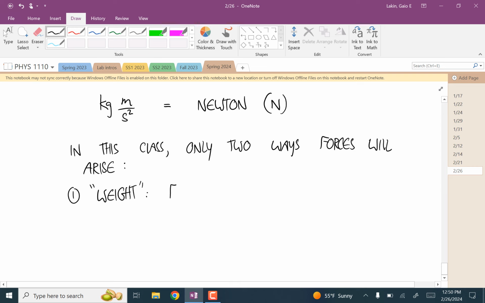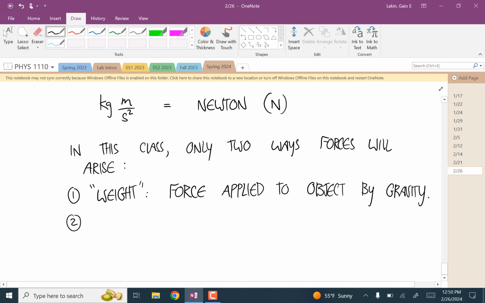Weight is the force applied to an object by gravity. And the only other way that forces can be applied is by contact with another object.